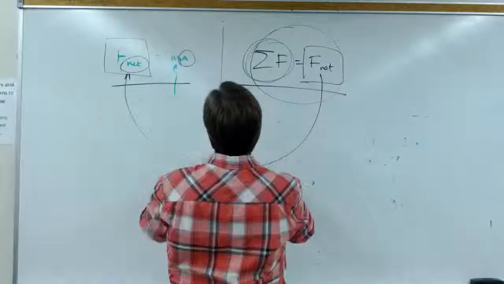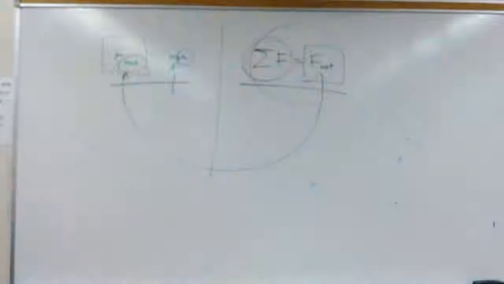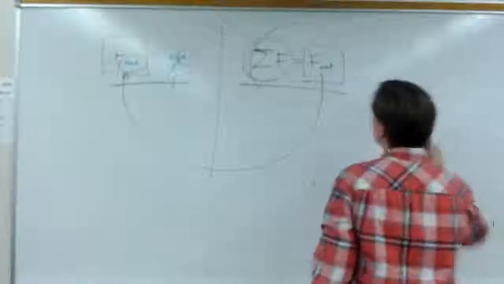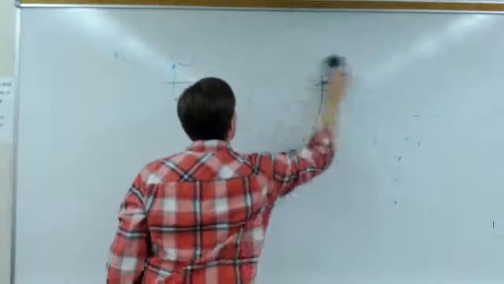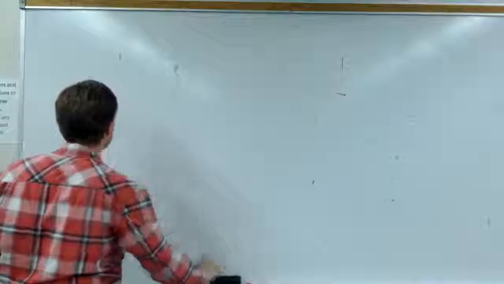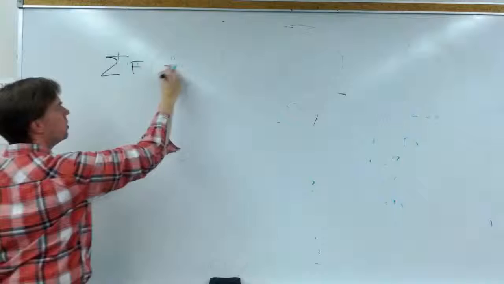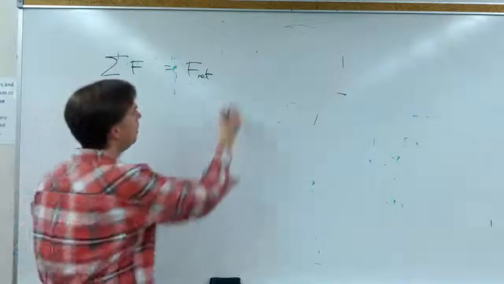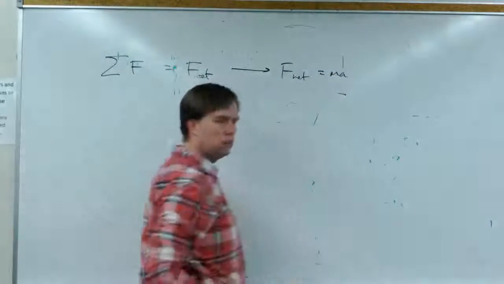See, I wrote it backward on the board here. Let me write it the way I'm trying to explain it. We've got the vector sum of all the forces is the net unbalanced force in the problem, and the net unbalanced force is what goes in Newton's second law.